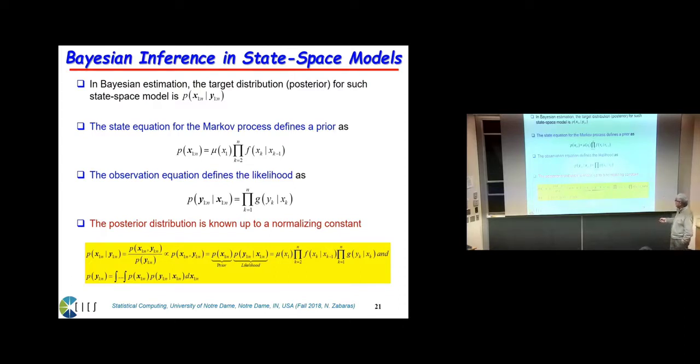And the denominator: if you integrate this with respect to all the states, you really get the normalization factor P of y from 1 to n. And this normalization factor is very important because, I remind you, the likelihood of the data is what you need when you want to do model selection, when you want to compute parameters. The objective is always to maximize the marginal likelihood, and the marginal likelihood is this complicated integral.